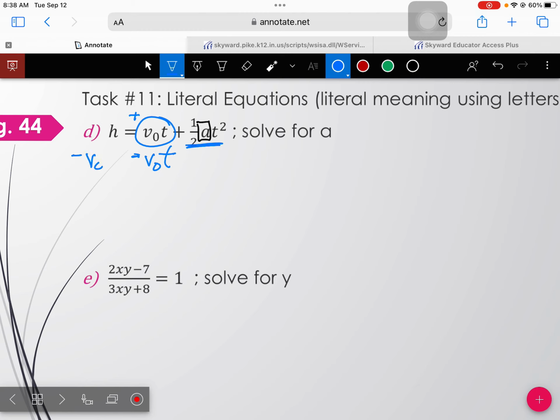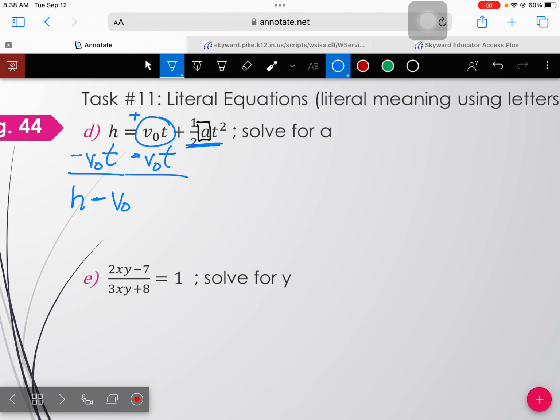So with the T squared, that's being multiplied. So I would divide by T squared. Divide by T squared. The T squareds are going to cancel out.